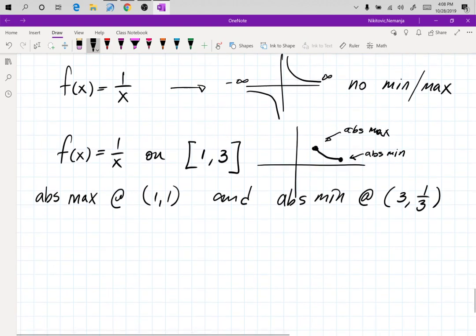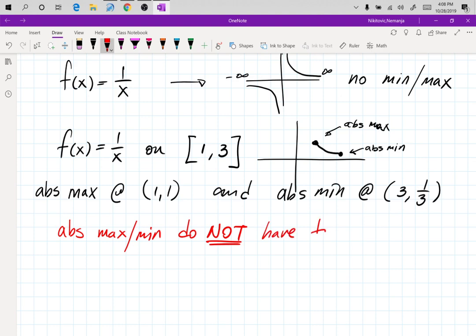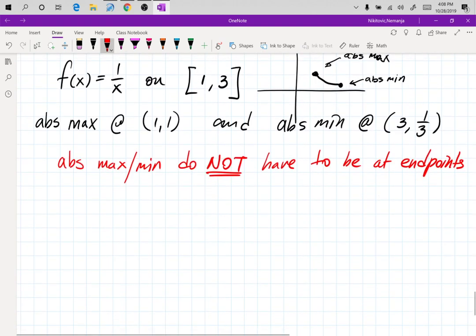Now, as I mentioned, and I'll write it in blood: ABS max and min do not have to be at endpoints. They do not have to be at endpoints. And here is an example.